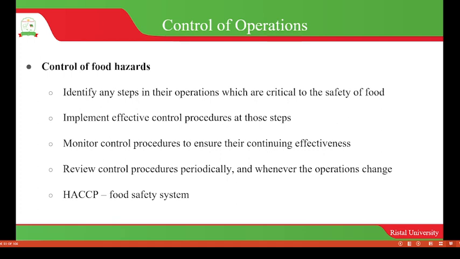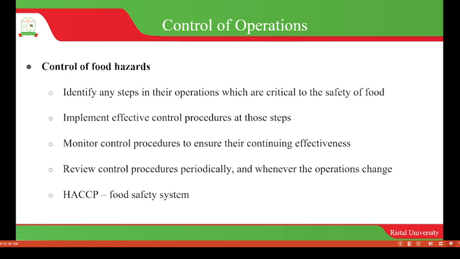Then we have to always implement effective control procedures at those steps which we have identified, which are critical to food safety. Then we have to also ensure that there is monitoring of control procedures to ensure the continuing effectiveness of the control procedures that we have established.